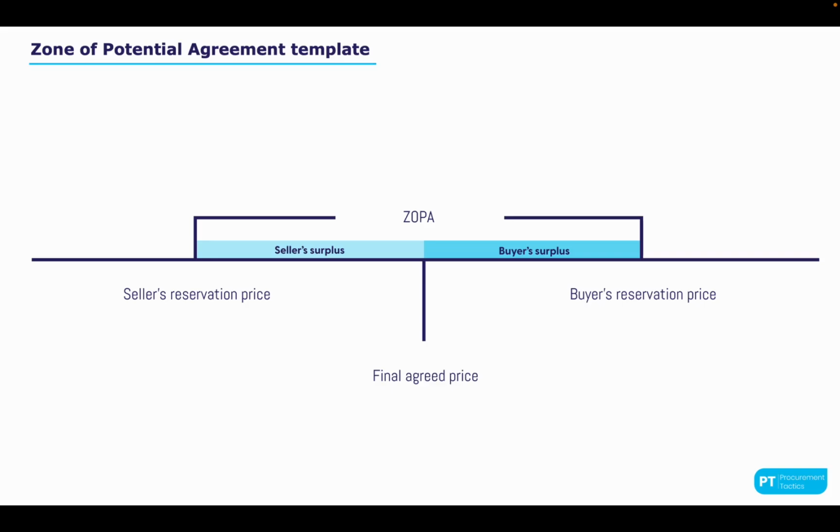So when you will be negotiating your own deals, make sure that you, of course, know your own reservation price, but also learn as soon as possible, as much as possible, about your negotiation counterpart's reservation price, because that will determine your zone of potential agreement, and in the ZOPA, all best deals, of course, are being made.